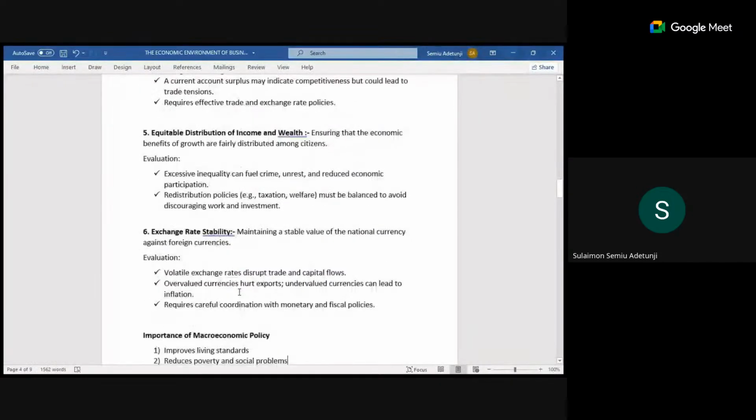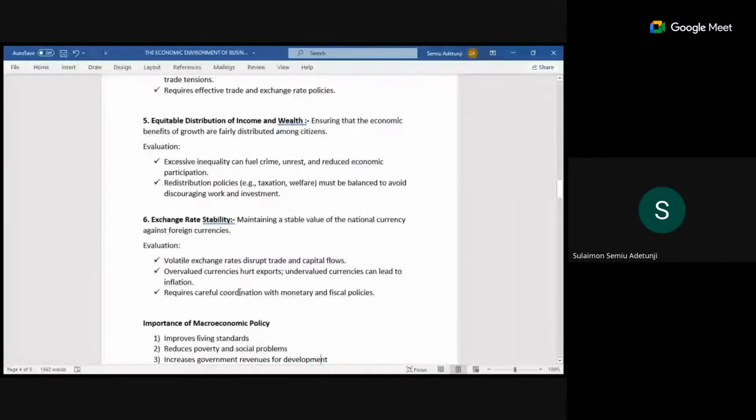Then exchange rate stability. Like I told you before, there is a particular period of time that government needs to borrow funds to sustain the naira. So in order to stabilize the exchange rate, they will give a condition that you should not sell above this rate, and we are giving you at this rate.